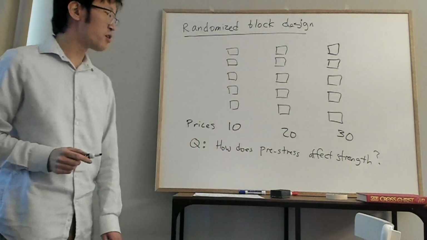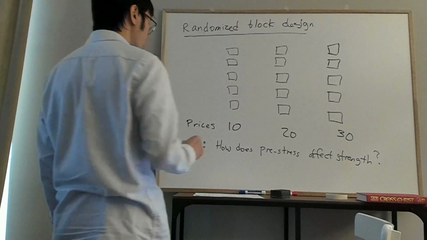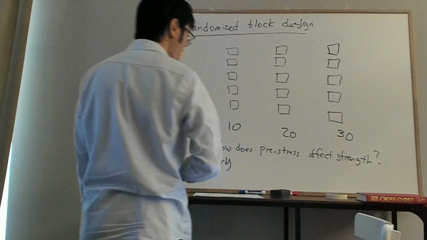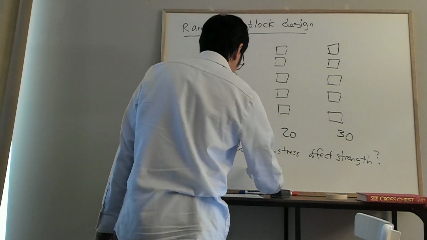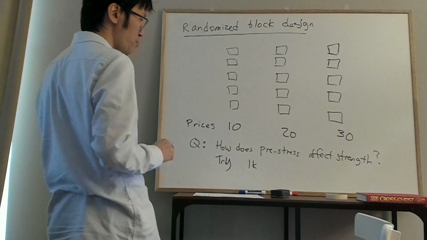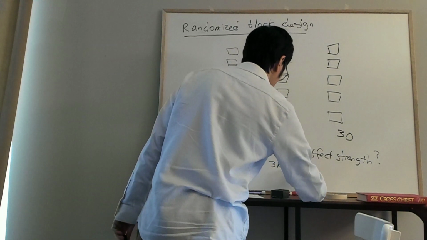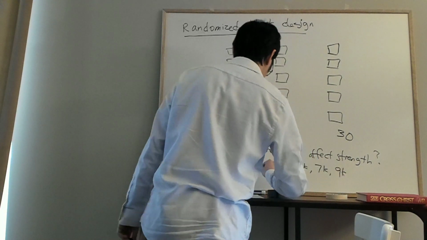To do that, I'm going to choose a few different load levels: 1,000, 3,000, 5,000, 7,000, and 9,000.